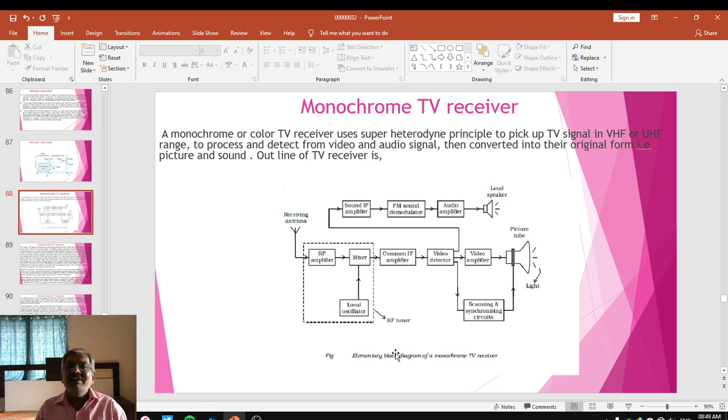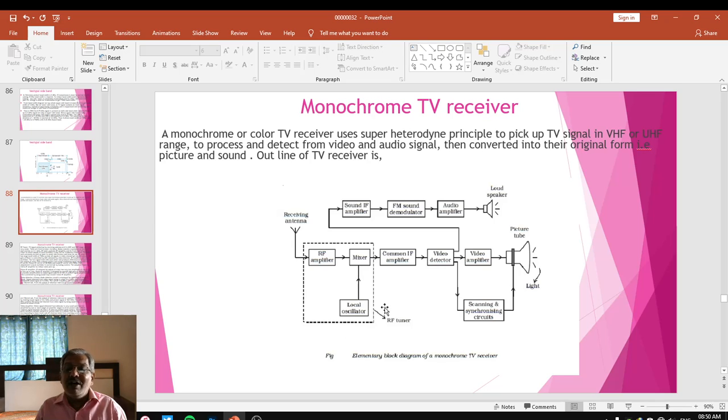To study the detailed working of the monochrome television receiver, we will begin from the receiving antenna. The receiving antenna intercepts the electromagnetic radiation traveling from the transmitting antenna in space, and converts it, in the VHF and UHF range, into its radio frequency signal.